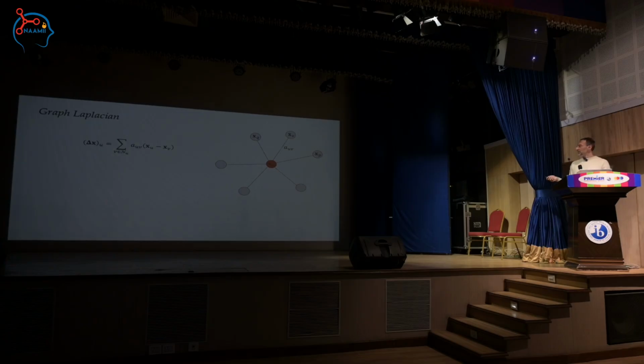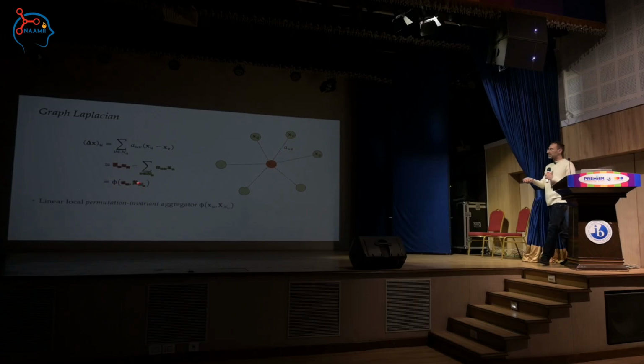But if I just manipulate this formula slightly, I can write it as the difference between myself and my neighbors, right? So this is x_u, that's my own feature, and this is the average of the neighbors, right? Remember that we have a generic form of aggregation of features in the neighborhood of the graph, so that's exactly how it looks.